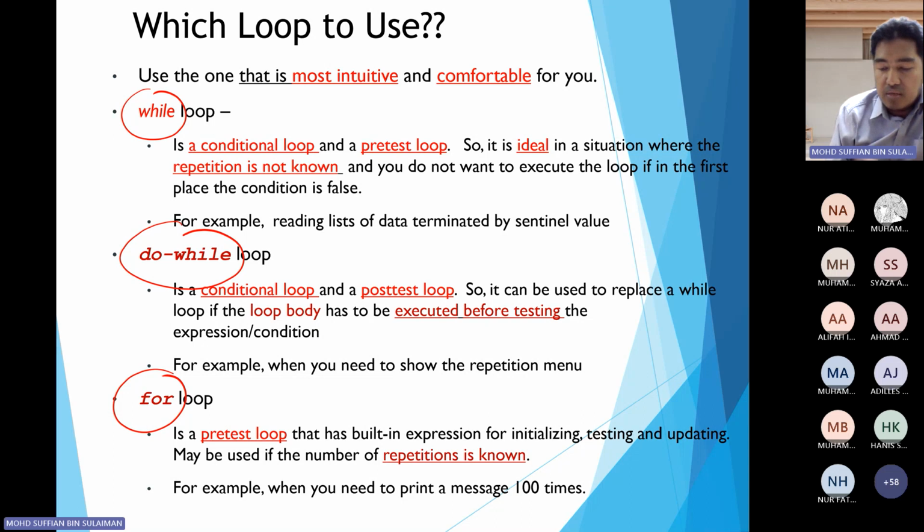If you use another loop, then there is no mark for you. And then the second one is according to the suitability of the loop lah. If you want to use pretest, you can use while. Again, if you want to use pretest, you can use for. But if you want to use post test, then you can use do while, right?